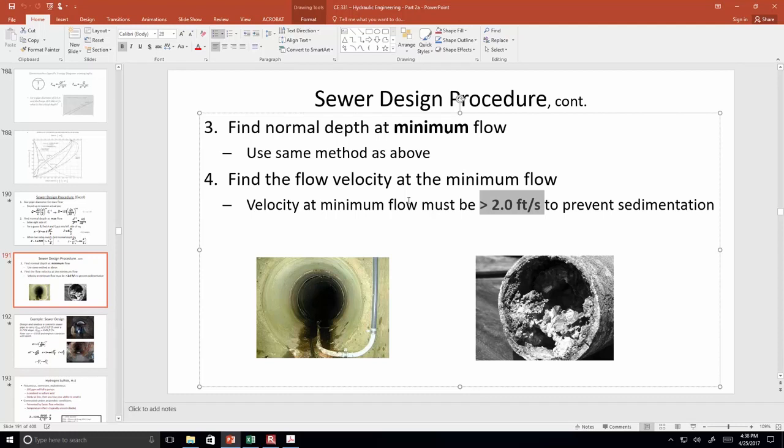So if you've got just a little bit of flow and it's really close to the bottom, you'd see that most of the flow is right in contact with the surface where the friction is being applied, and so you're going to have a really low velocity. Whereas if we had a smaller pipe, then it would have been more full and the velocity would have been faster. So you want to have the pipe be large enough, but not excessively large.